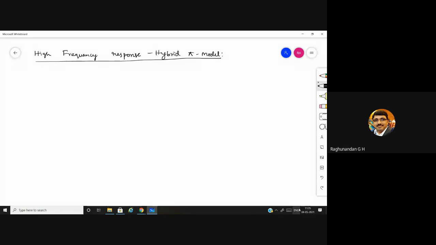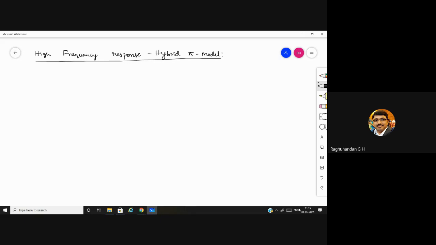So capacitance and resistance are considered in this case, and we are going to consider the junction capacitance, junction resistance, and the internal resistance, whatever exists. This topic we have already discussed in electronic devices, but again we have to discuss the same topic. No issues, we will discuss it. This is also one of the important questions. They can ask you high frequency response or hybrid pi modeling of BJT.